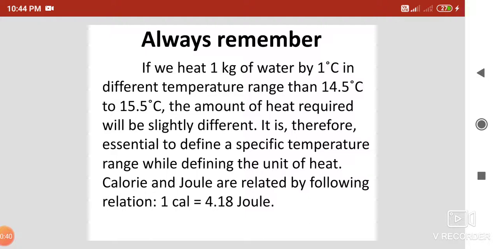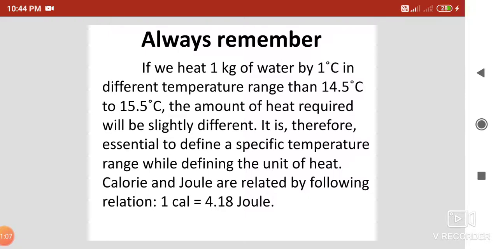Also we defined the kilocalorie. 1 kilocalorie is equal to 1000 calories. We especially mention the temperature 14.5 to 15.5. If we take a temperature range other than 14.5 to 15.5, the amount of heat required to raise the temperature will be slightly different.